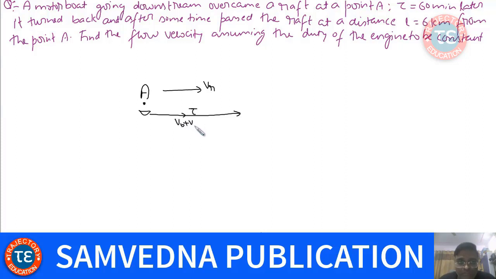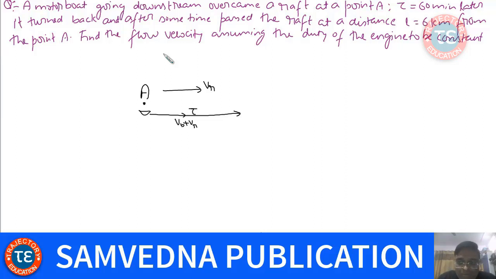So the net velocity of the boat would be VB plus VR in the direction of the stream. Every boat inherits the velocity of the stream, right? So if it is moving in the downstream direction, then the velocity of the stream will get added to its velocity and will give you the net velocity.